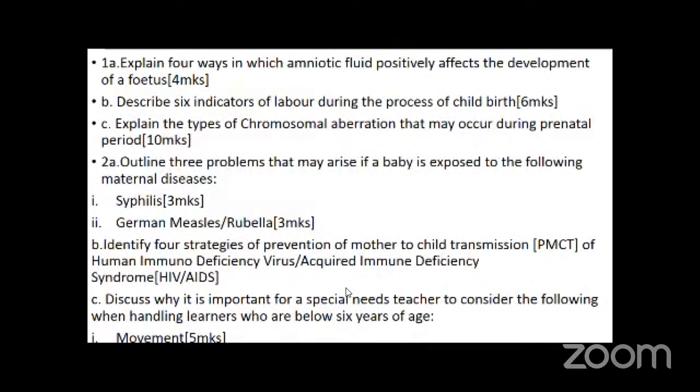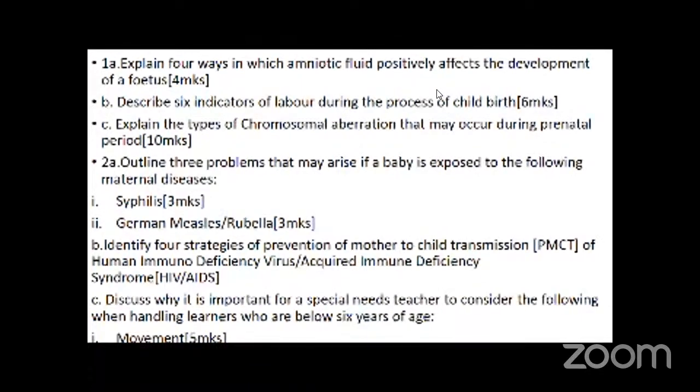Now, a normal human being should have how many pairs of chromosomes? 23. So that means a total of 46.